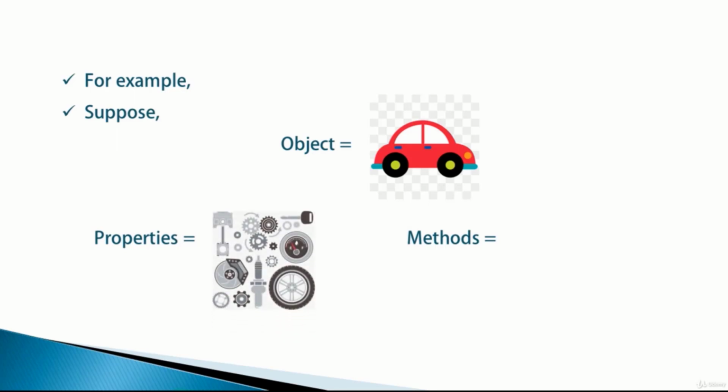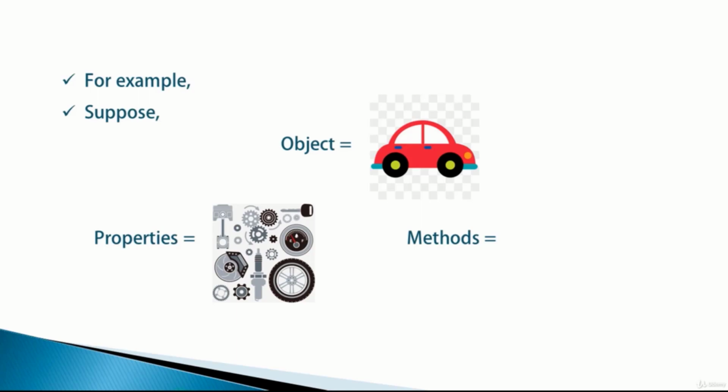Using a real-world example, you will completely understand how the object is really created. Now, let's assume that object is a car, and a car has multiple parts and functionalities. Now here, we will assume car parts as properties and functionality as methods.